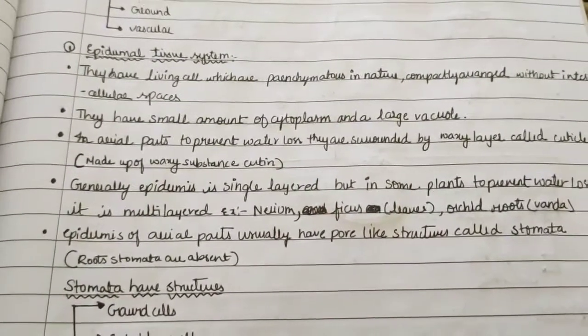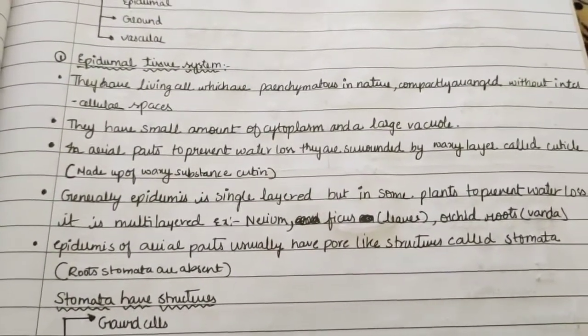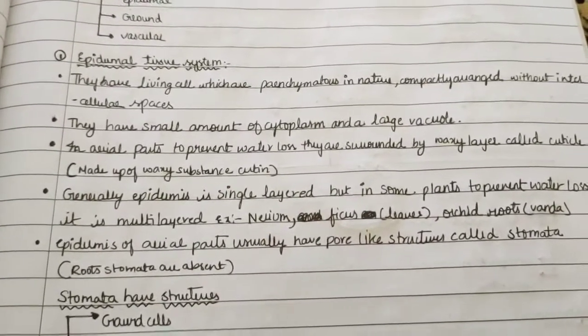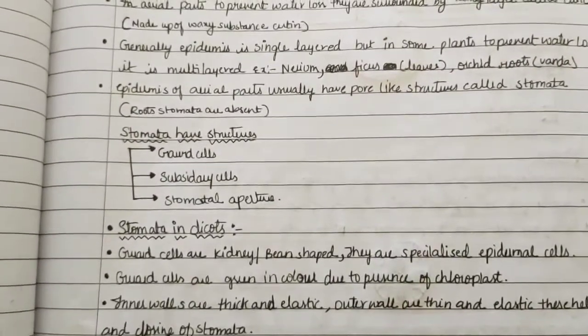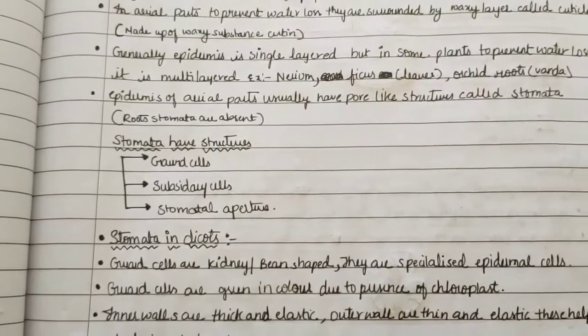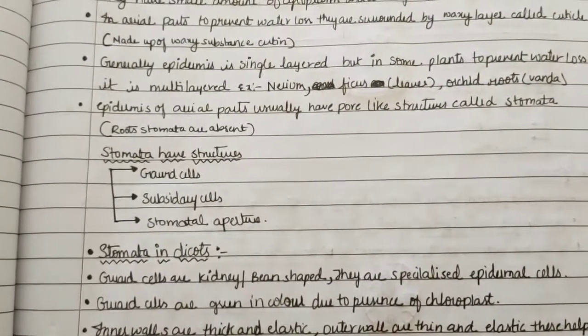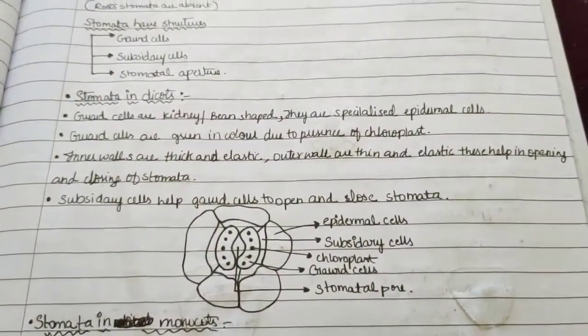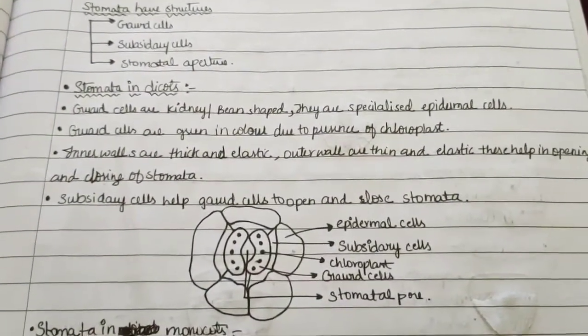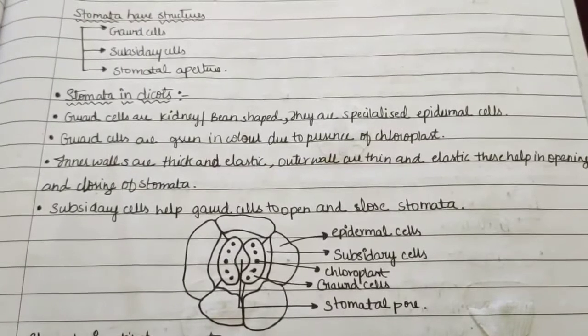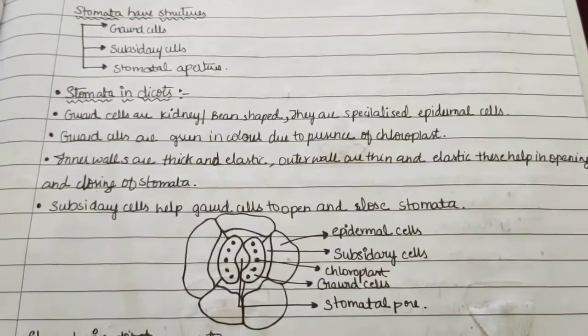The epidermis of aerial parts usually has pore-like structures called stomata, whereas roots do not have stomata. Stomata have guard cells, subsidiary cells and a stomatal aperture. Let us discuss stomata in dicots.